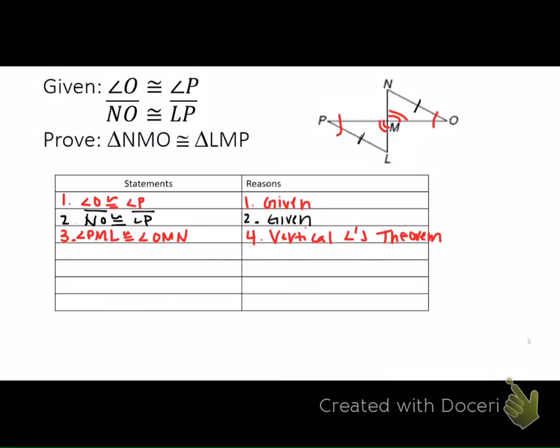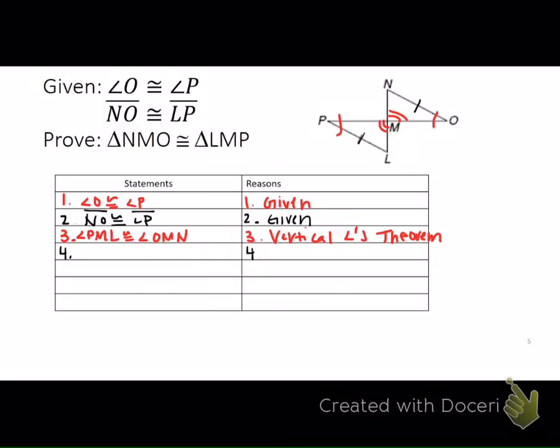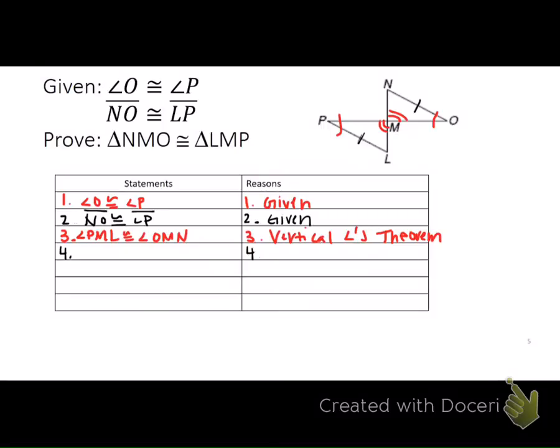Do we have enough information now to prove these 2 triangles congruent? Okay, Morgan, what can we prove these 2 triangles congruent by? Okay, and they're congruent. What's your reason?